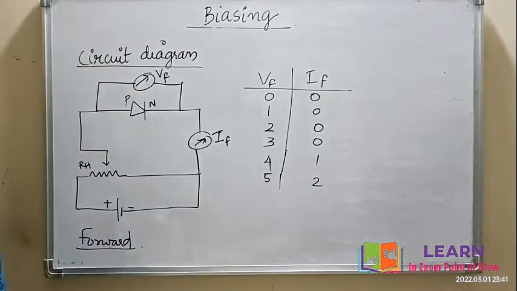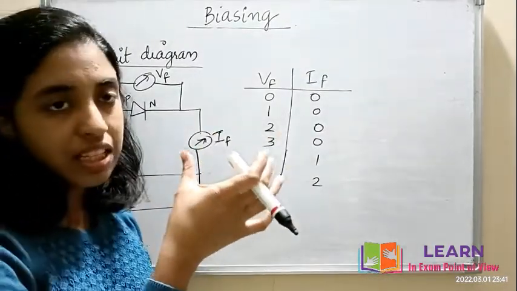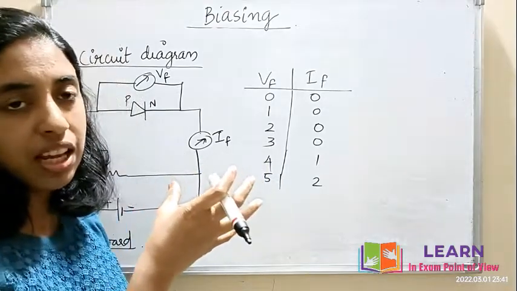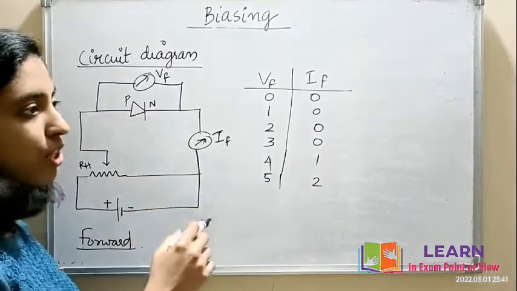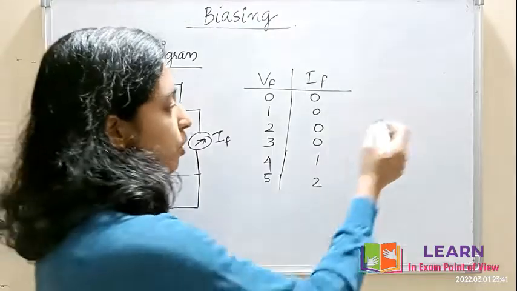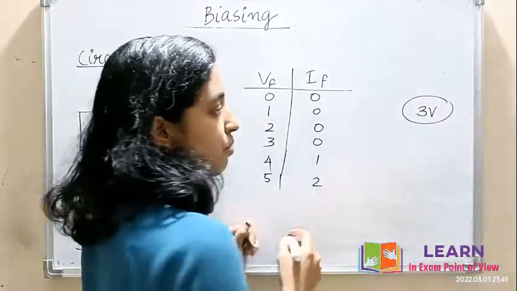What does it mean? There will be a potential difference inside the depletion layer, right? In that depletion layer there is a potential difference, so the external battery connected should be more than that potential difference. If that potential was 3 volts, it is an assumption, okay?